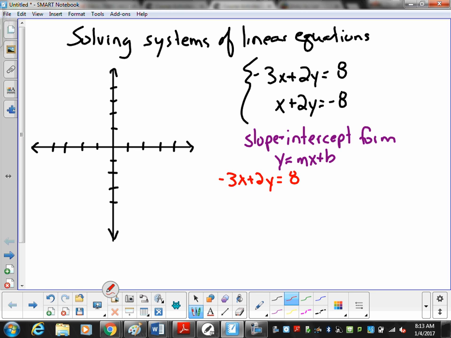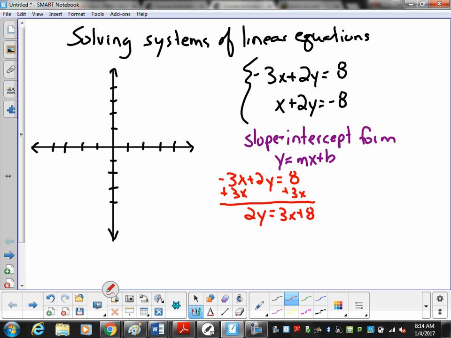So if I want to solve for y on this equation here, negative 3x plus 2y equals 8, to get y by itself, the first thing I need to do is add 3x to both sides.